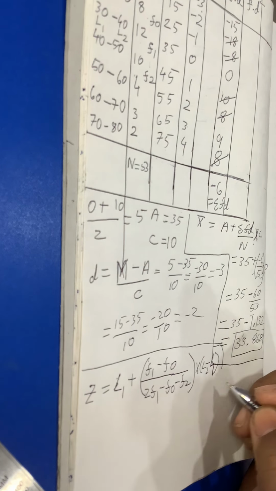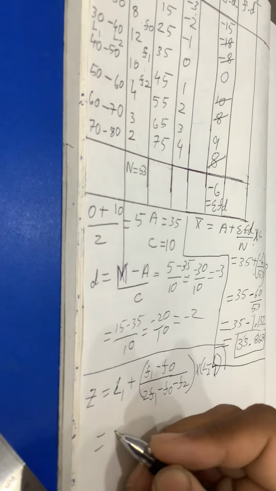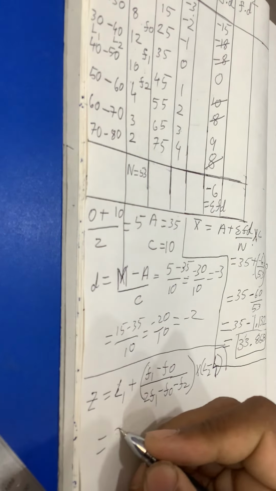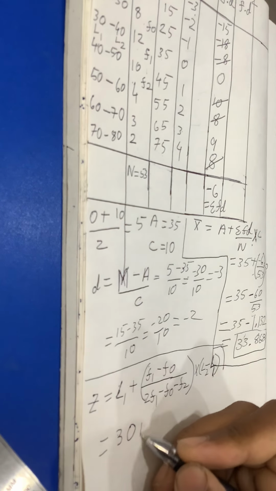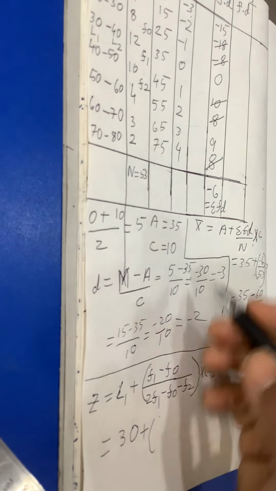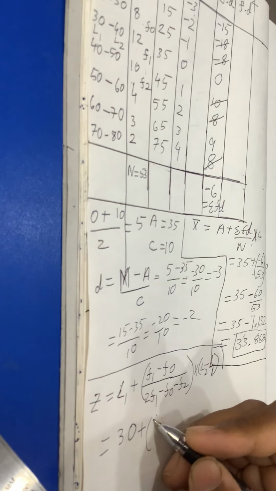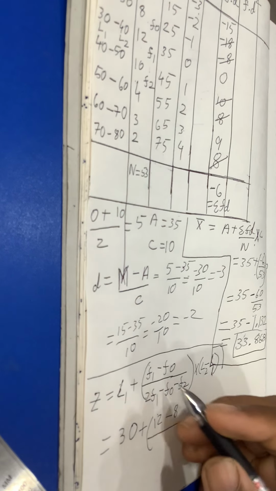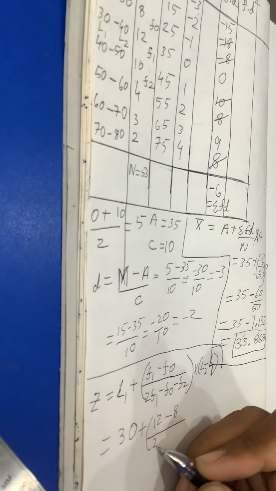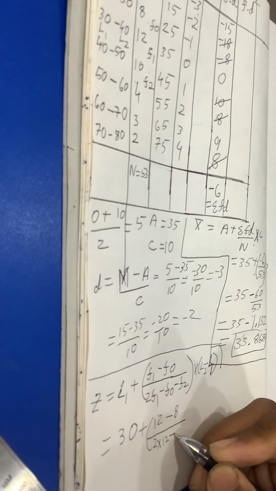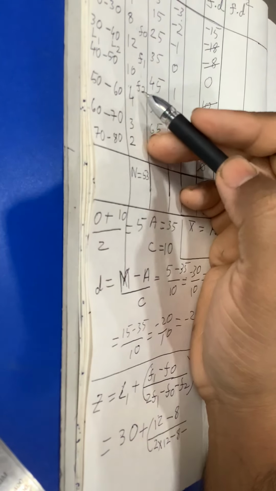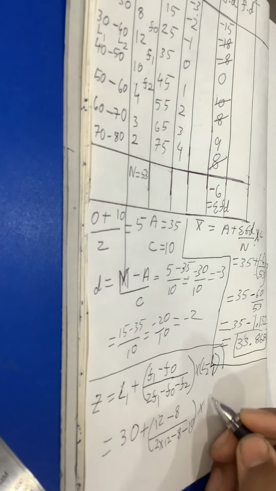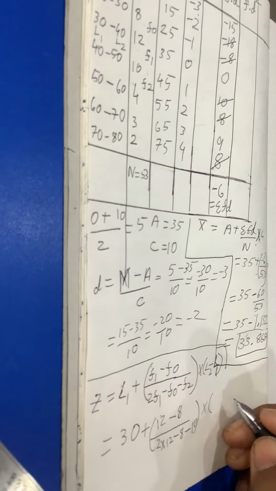Now when I plug in the values, L1 is 30, F1 is equal to 12, F0 is equal to 8, 2F1 is 2 into 12 minus 8 minus F2, which is 10, multiplied by L2 which is 40 minus L1 which is 30.